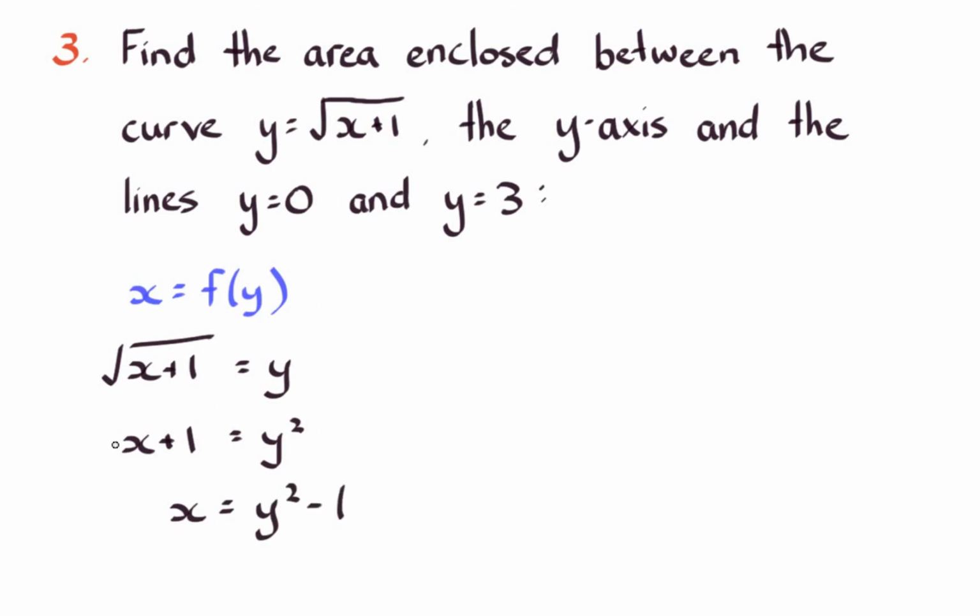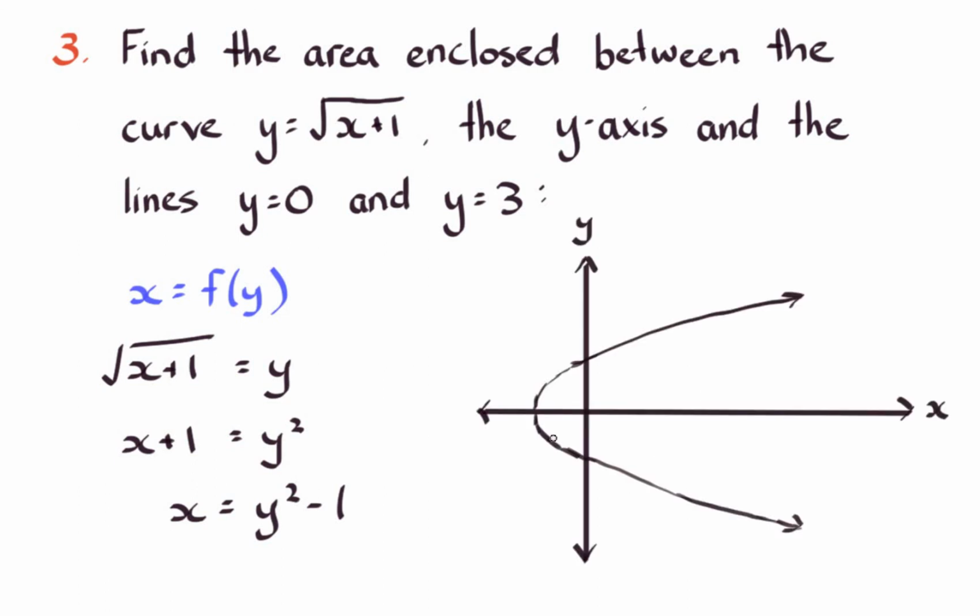Now, in a very similar way to what we did at the start of this video with the first example, notice that x equals y squared minus 1 looks like y equals x squared minus 1. So that's a parabola moved down 1. Well, it's just turned on its side now. So this is minus 1 here at its vertex.